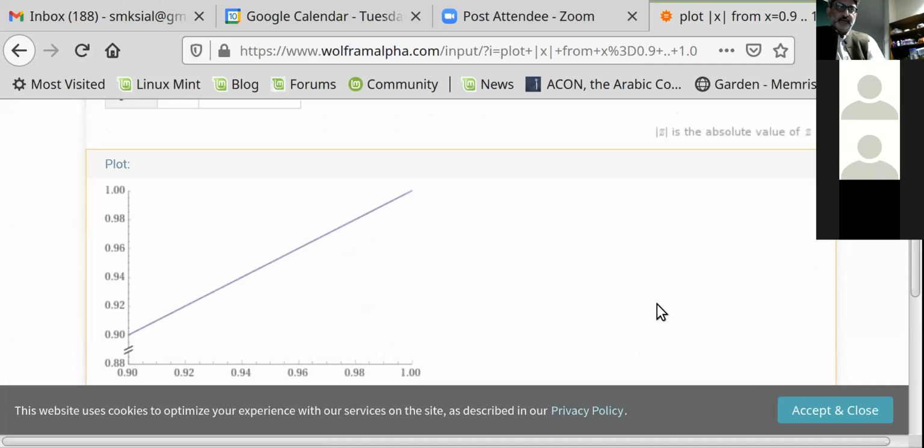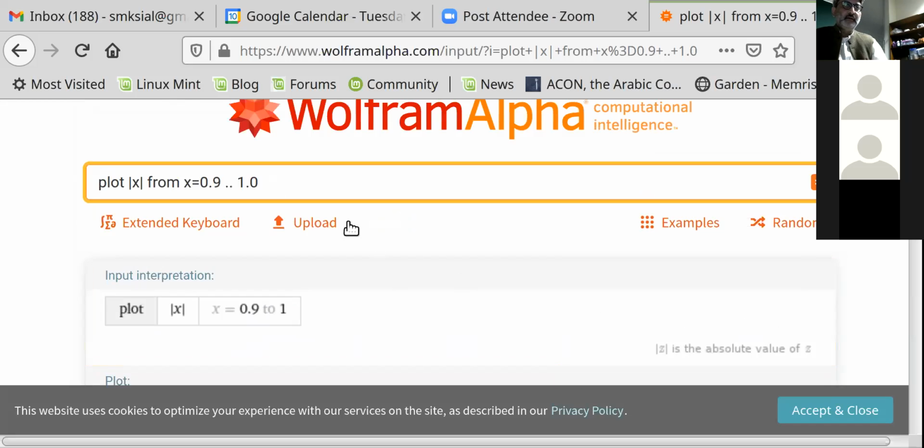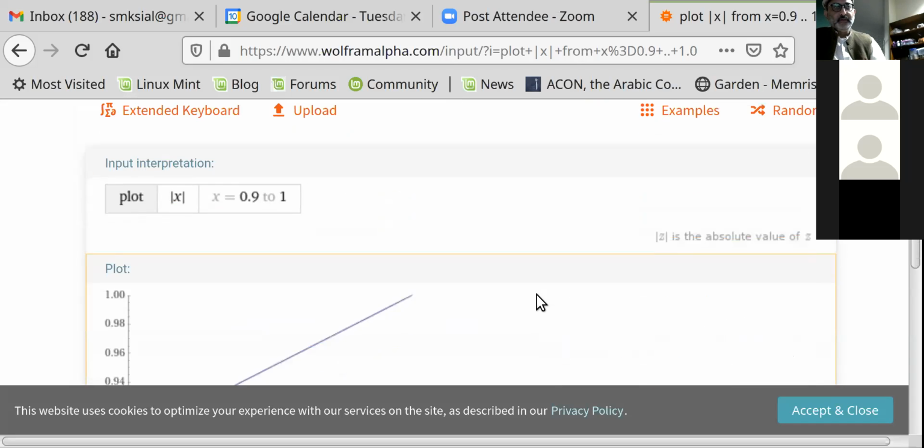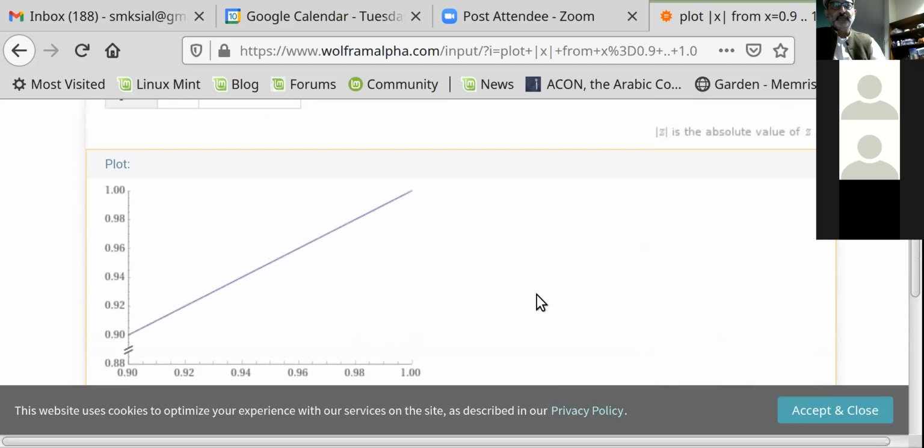So if I look at points that are close on an interval which ends at 1, some small interval, say from 0.9 to 1.0, then the largest value of the range, if I'm just restricting myself to those values of the domain, the largest value that I get is 1. So that's a local maximum. Sir, are you including the endpoint, the right one? Yeah, the endpoint is in the range, right?